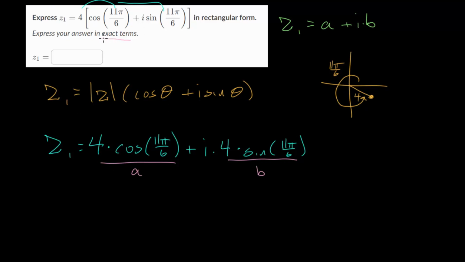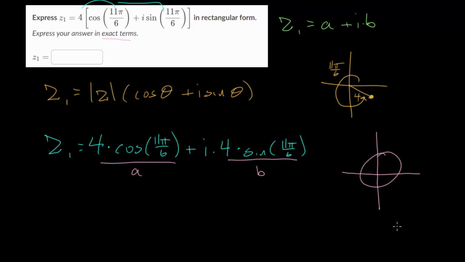But we need everything in exact terms, so we can't just plug these straight into our calculator and get a decimal answer, since both of these are irrational and we'd have to round them. But to get the exact answer, we can consider the unit circle. And with the unit circle, remember we have a radius of 1.